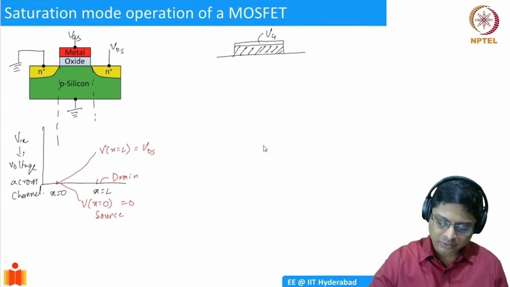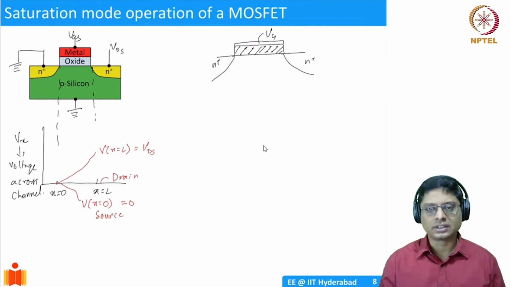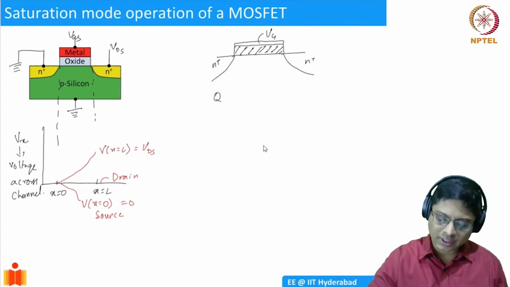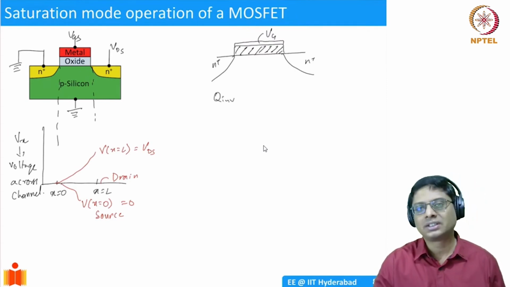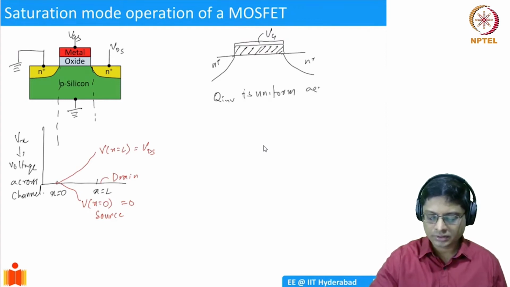So you have this sort of a structure, N plus, right? So what is the inversion charge? We assumed right now that Q inversion is uniform across channel.